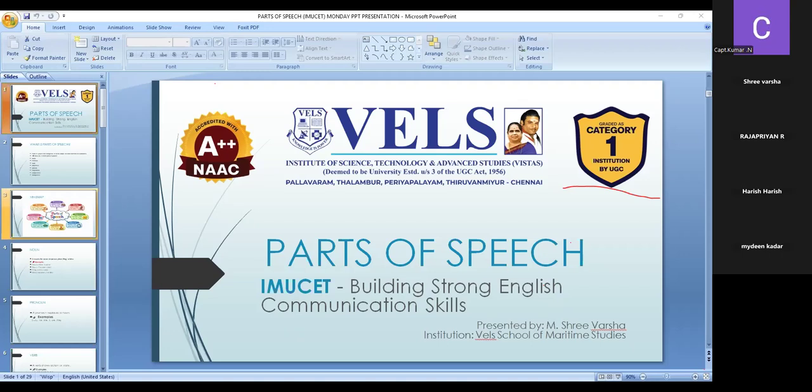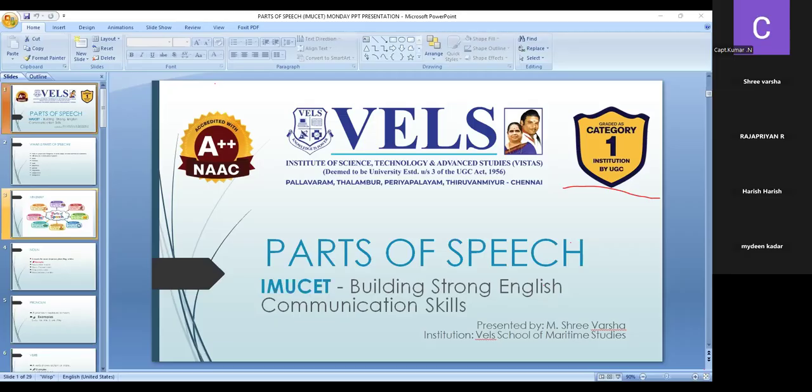Let me show another interactive activity. Identify the parts of speech. I'll give the sentence now. The small boy quickly ran to the park. I'll repeat the sentence: the small boy quickly ran to the park. Here, what are the parts of speech? Just mention them.